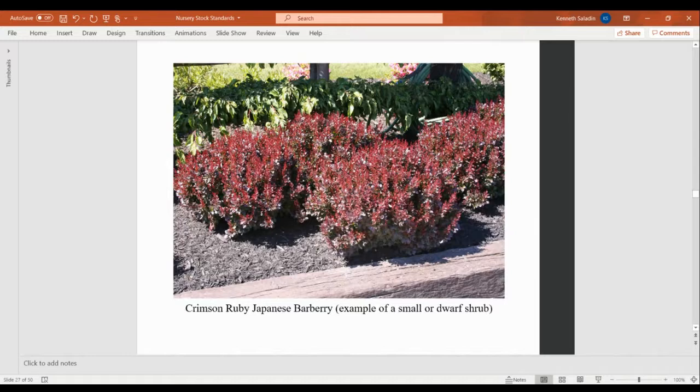Crimson ruby Japanese barberry would be an example of a small or dwarf shrub. What you see in the picture is as big as this particular plant gets. So again, if it's a plant that grows wider than it does tall, we're going to be grading it by its spread.